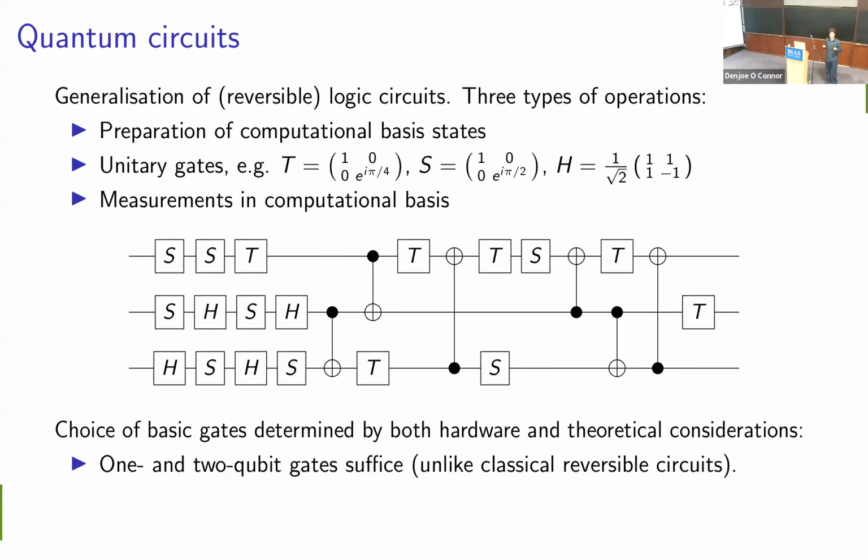That's a really weird thing, again, coming from classical computing. Why would you be able to reverse the control and the target of an operation just by doing local things on the individual wires?